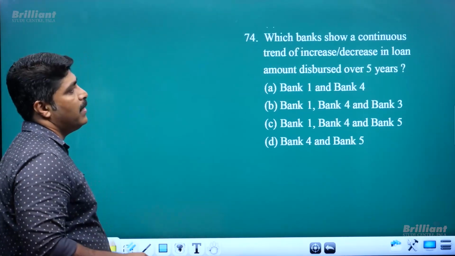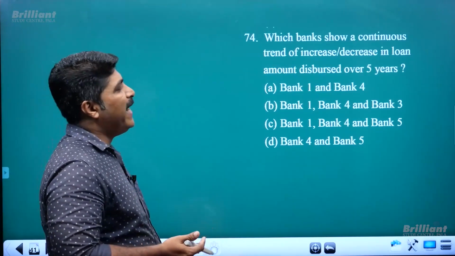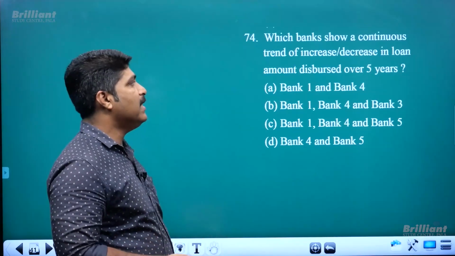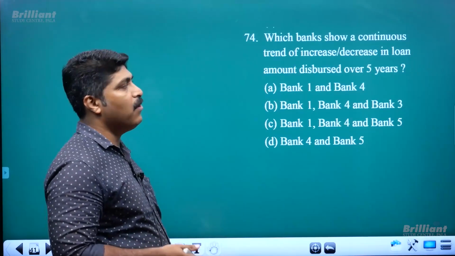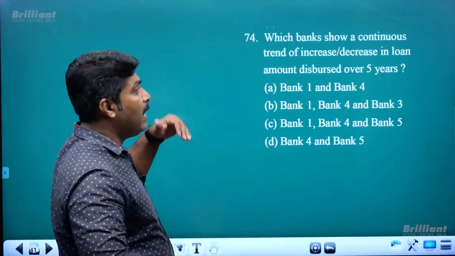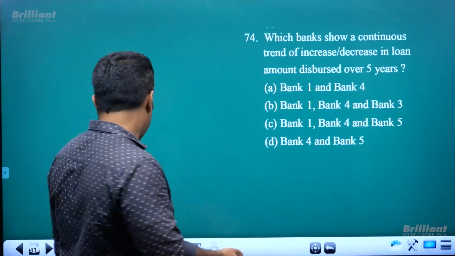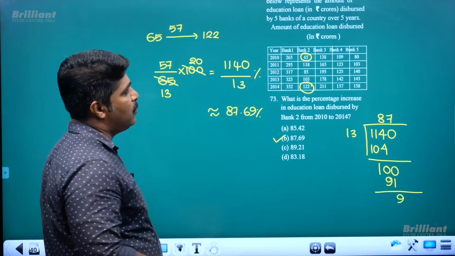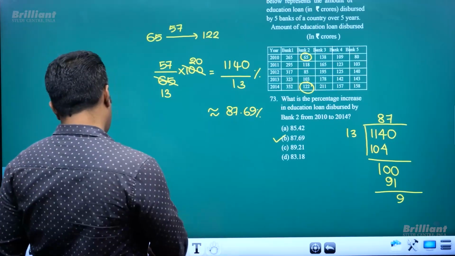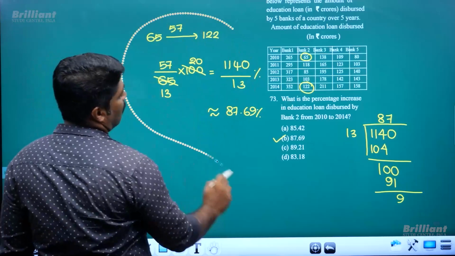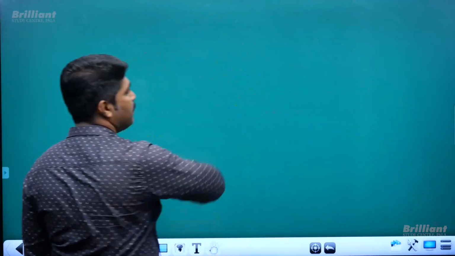Which banks show the continuous trend of increase or decrease in loan amount disbursed over 5 years? Continuous increase or decrease in loan amount over 5 years. For that purpose, you have to check the data again. So here we can cancel all the rough work of the previous question.